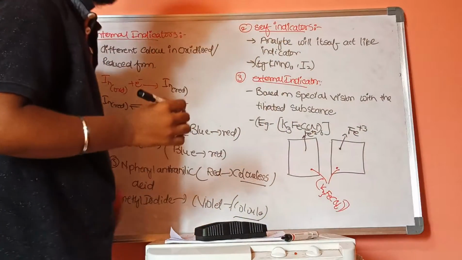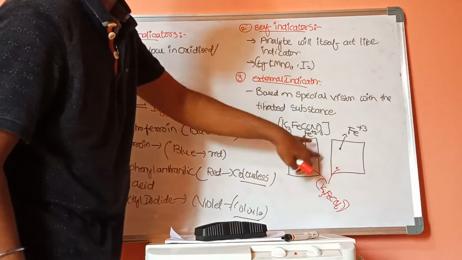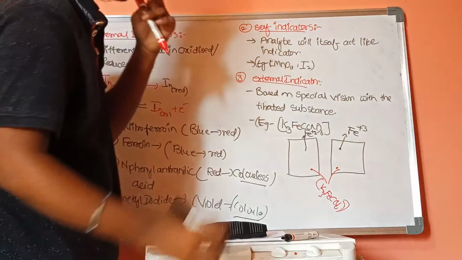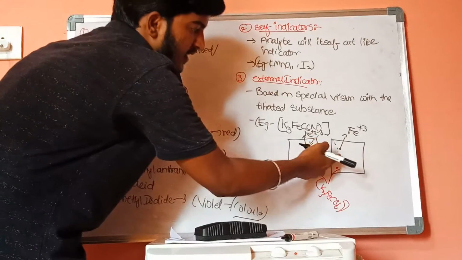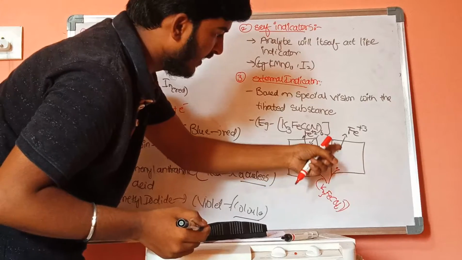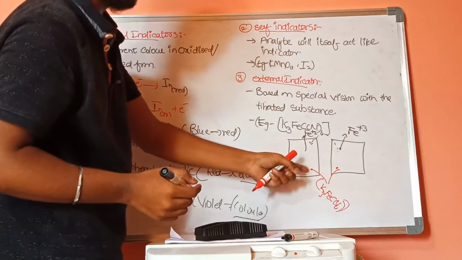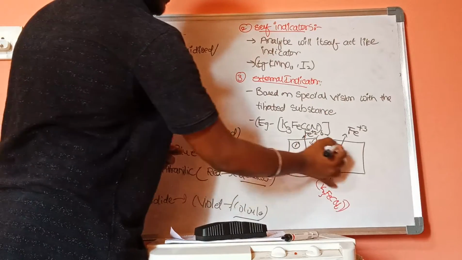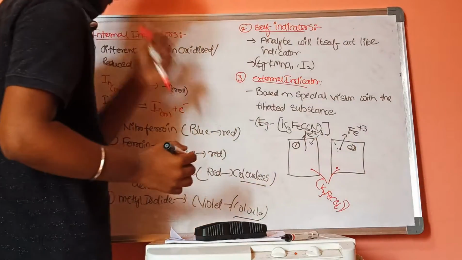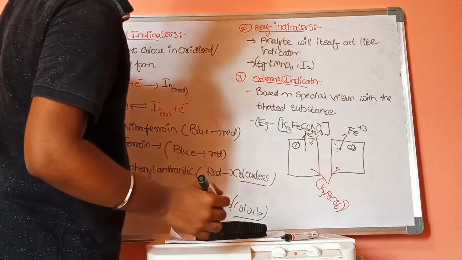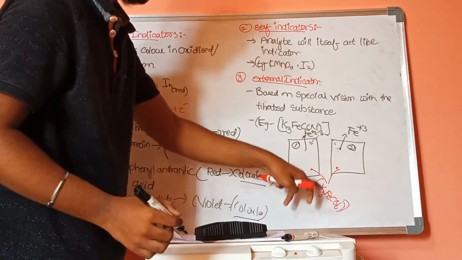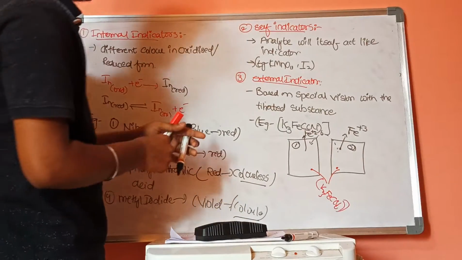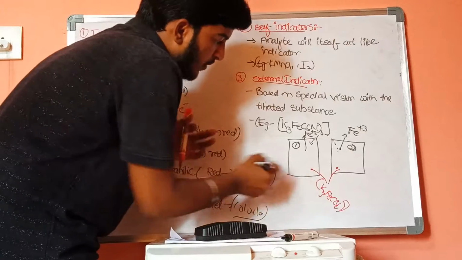Whenever the liquid is poured from this vessel into that vessel, the Fe+2 ions will get converted into Fe+3 ions. Whenever one drop of this Fe+3 ion liquid is poured into the first vessel, the Fe+3 ions will react with the potassium ferricyanide indicator and form a blue color substance.